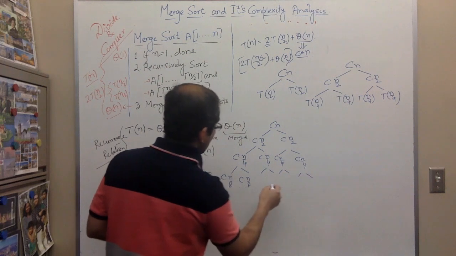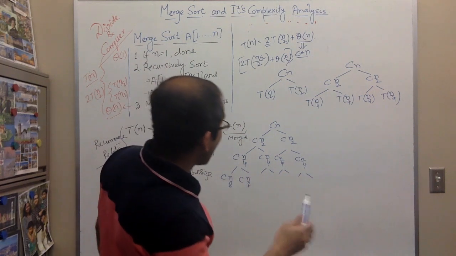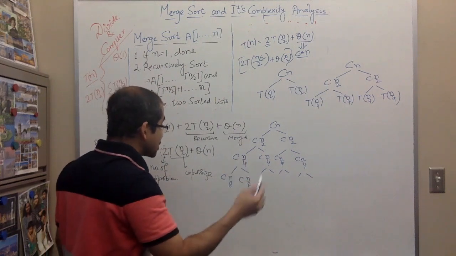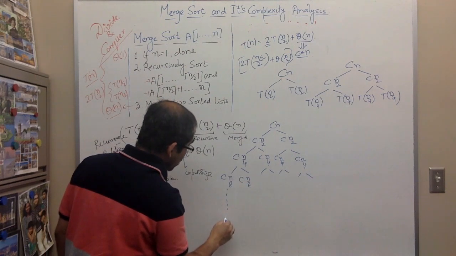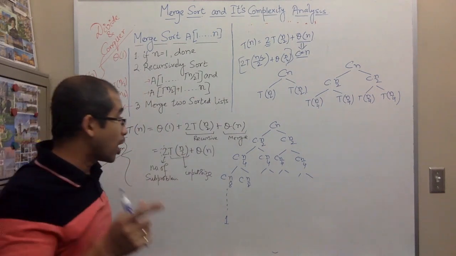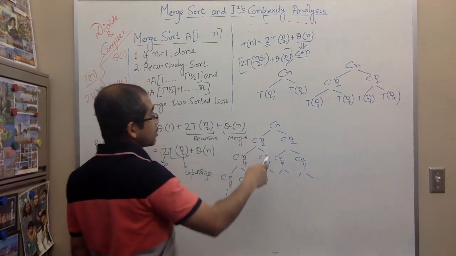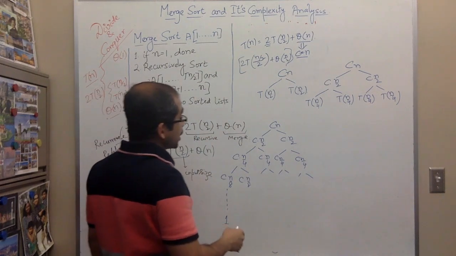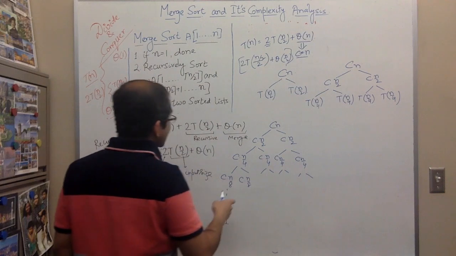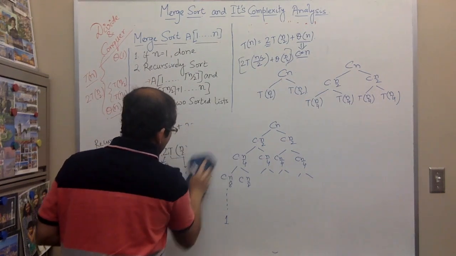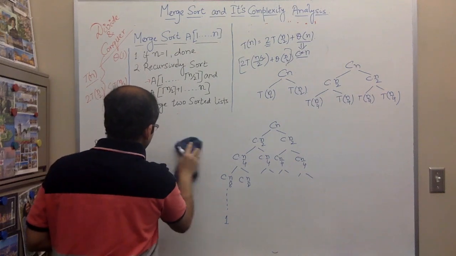It is a very balanced distribution, because every time it is divided by 2 until we go down and find a single element in the array, a one element array. Now every time it's being divided by 2, so we have to calculate up to what height this tree will grow.